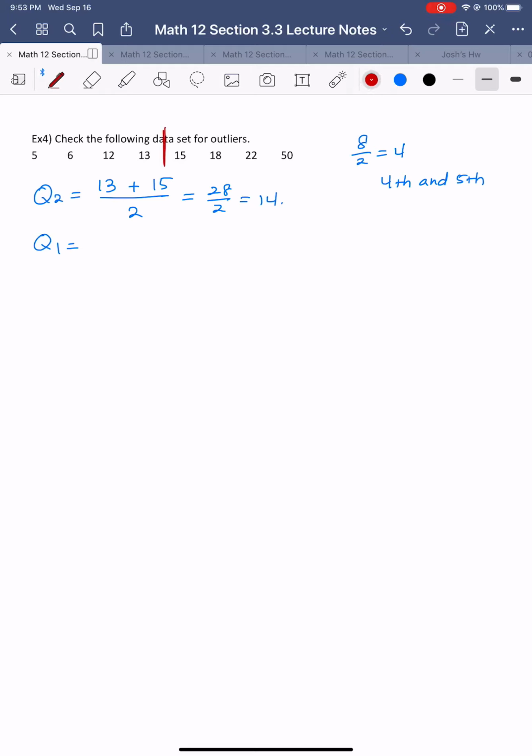So now you have 4 numbers on the bottom and 4 numbers on the top too, right? So you get two middle numbers. The middle numbers for Q1 are 6 and 12. So 6 plus 12 divided by 2 is 9. And Q3 is in the upper half, so 18 plus 22 divided by 2, which is 20.